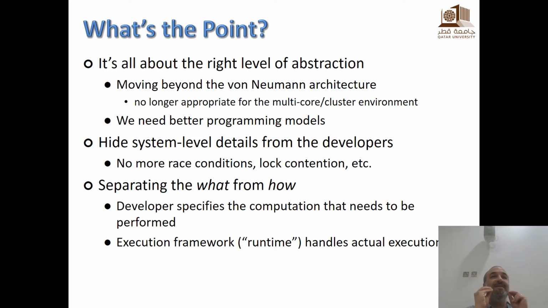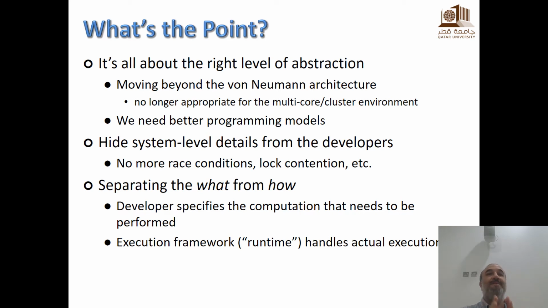So we need new programming models that will provide us with that abstraction, that will hide from us all of these details. So the idea is we want to hide system level details from the developers. So no more worry about race conditions, about concurrency, about locks, all of these nice things that you heard about in operating systems.